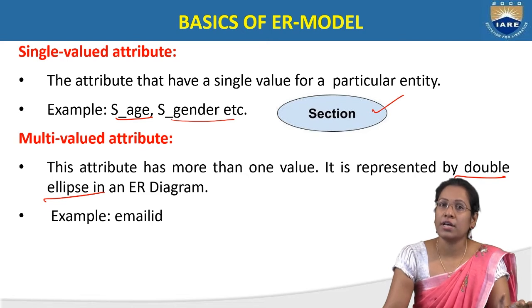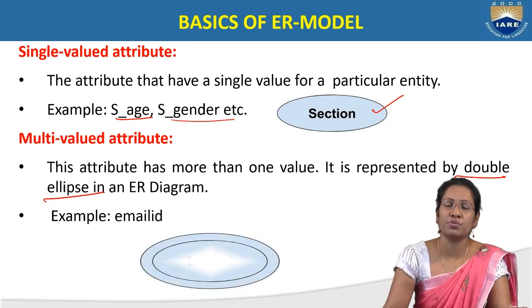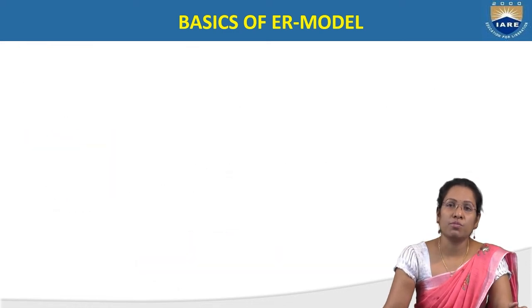So email ID, and one more, phone number. Phone number is also a multi-valued attribute because a person can have any number of mobile numbers. So the examples are email ID and phone number, and a multi-valued attribute should be represented in the double ellipse. Now we are moving to the next one, that is stored attribute.